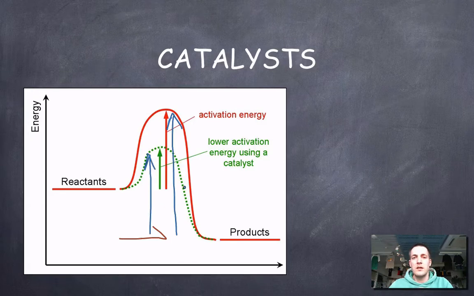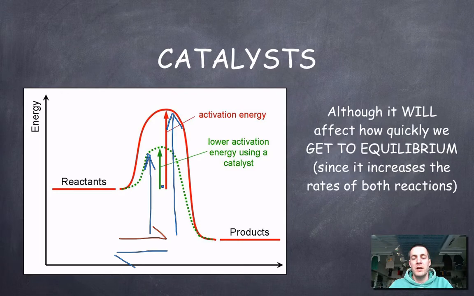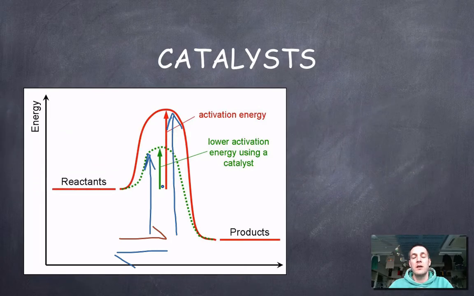So we can see that whether we're going forwards or backwards, the activation energy is smaller in the presence of the catalyst. The blue lines are for the backward reaction. And because the catalyst speeds up both the forward and the backward reactions, adding a catalyst has no effect on the position of equilibrium.